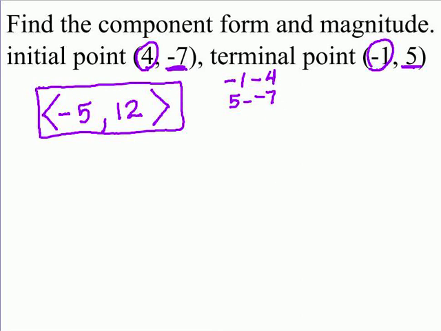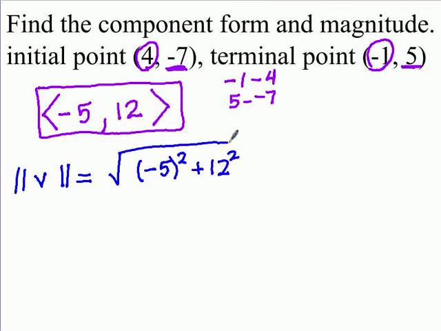Now what we need to do is find the magnitude. So to find the magnitude, I'm going to actually use the second formula this time because I have each of the individual components of vector V. And so to find the magnitude here, all I'm going to do is square -5 and square 12, and then I need to solve that.